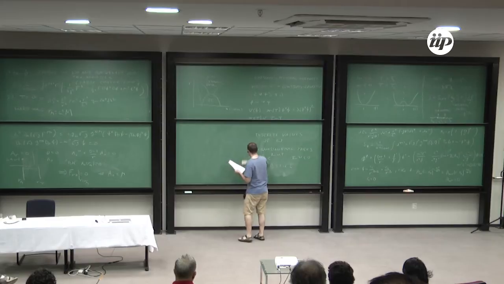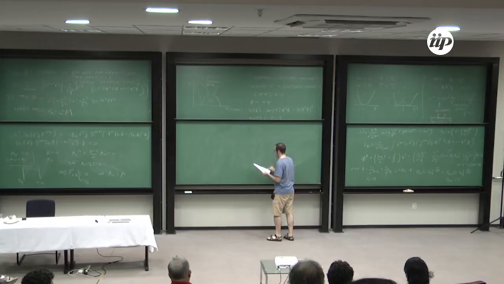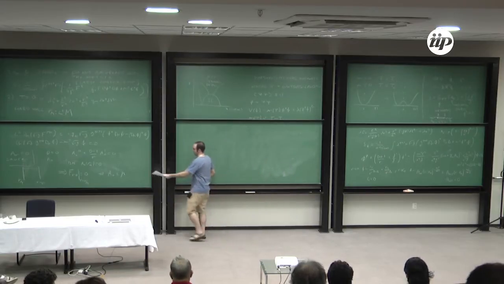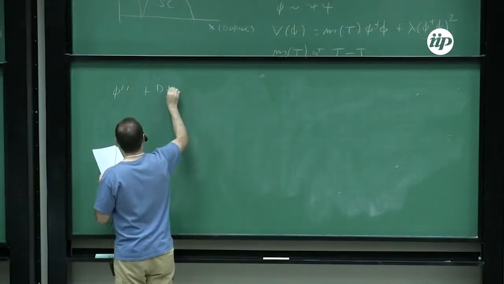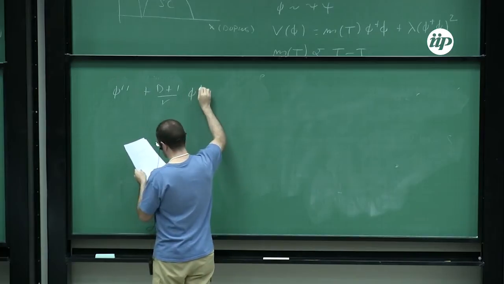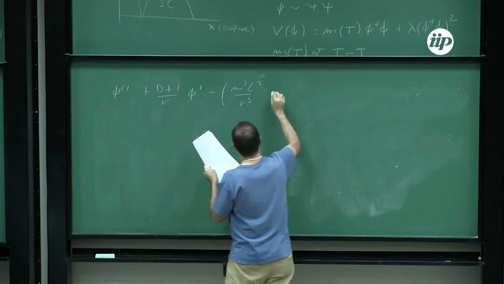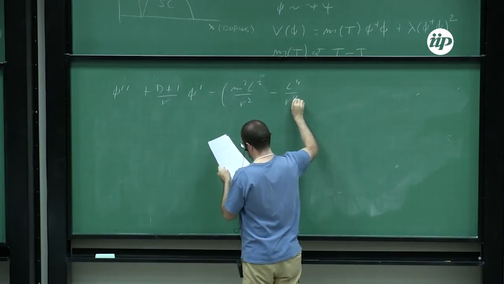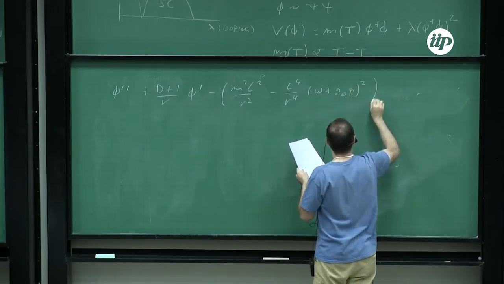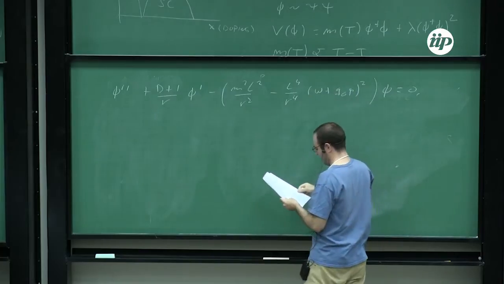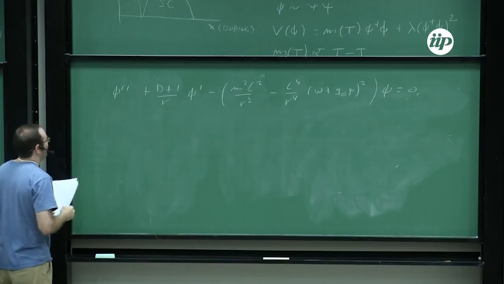So now I can look at the equation for the scalar field in the presence of this gauge field. So the equation takes a form like this. And then, again, I have two solutions.